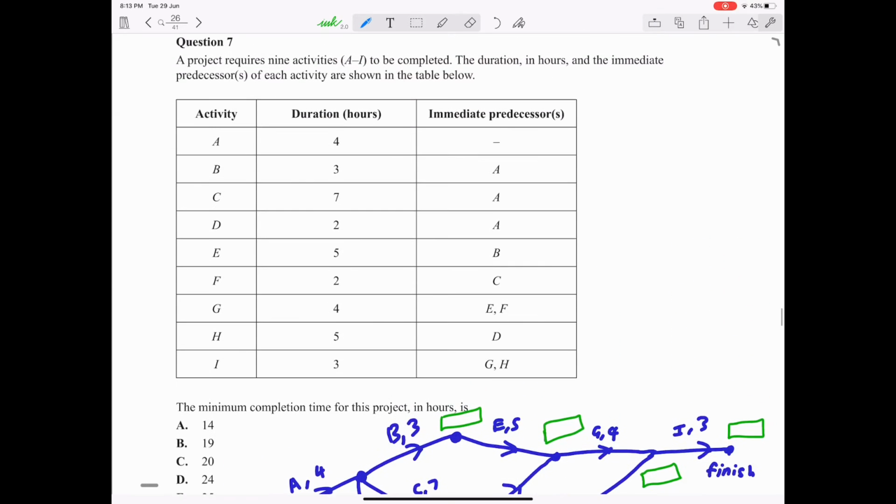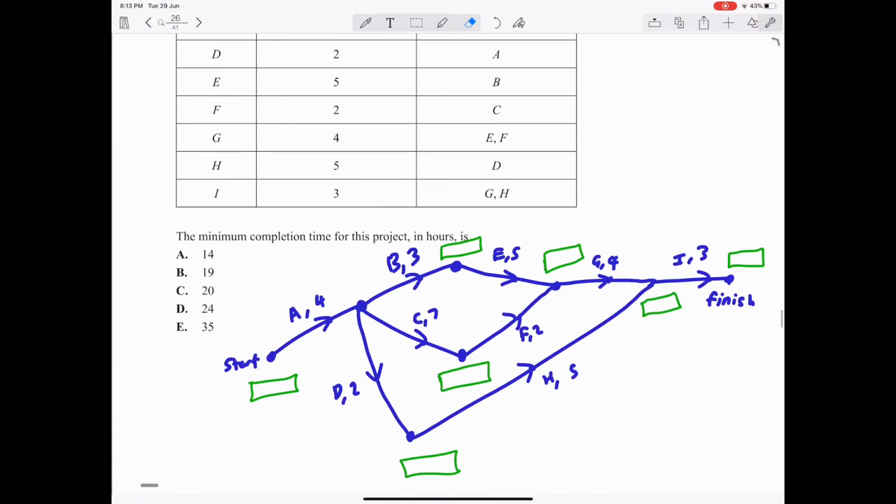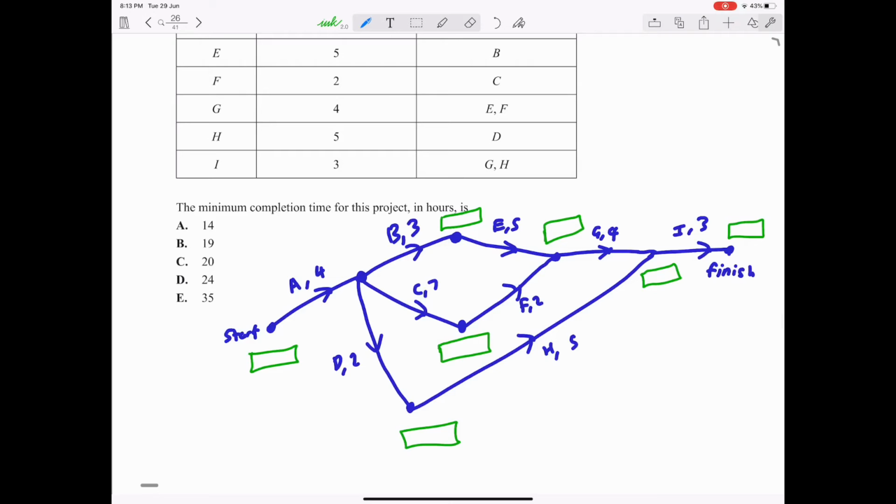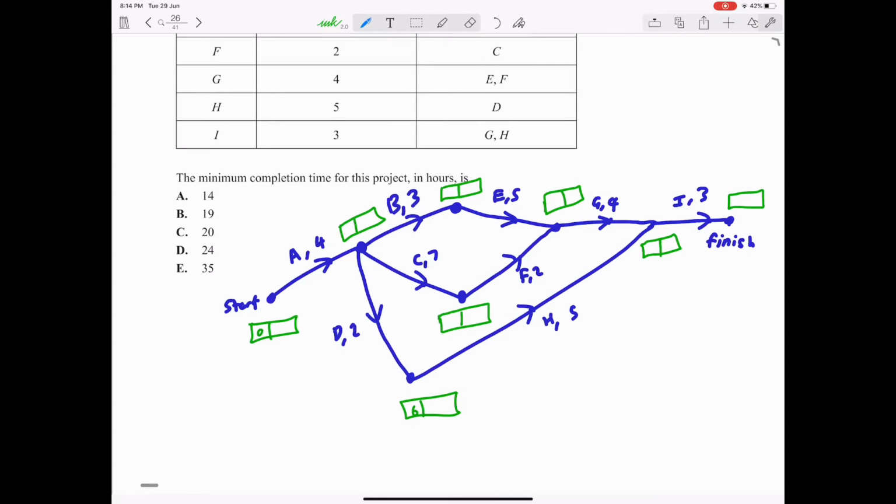So to do this question, you have to draw a network from this table given over here. I've basically done that for you, and now we need to find the minimum completion time for this project. So we start off with 0, 4, and just to let you know, when we're doing the forward scan, you always pick the largest number.